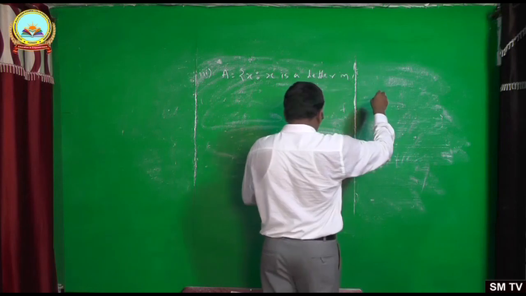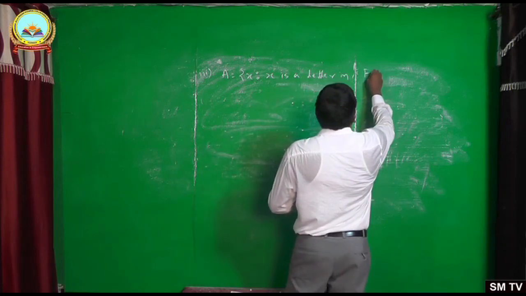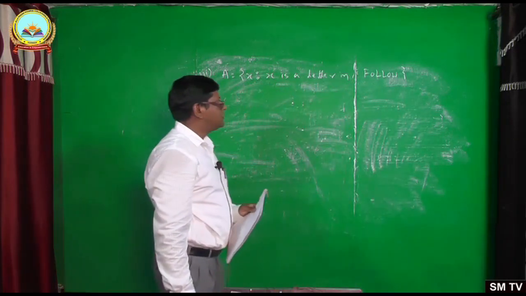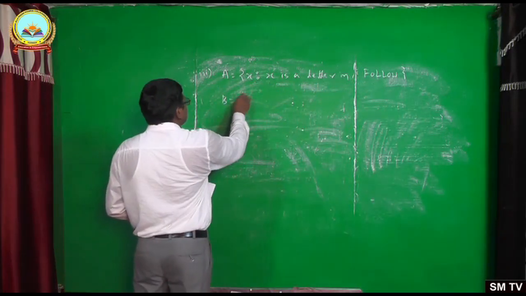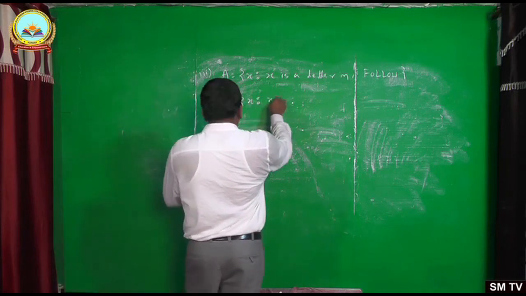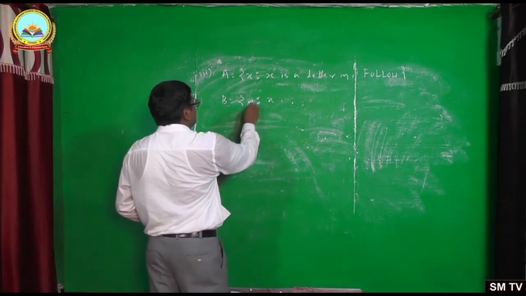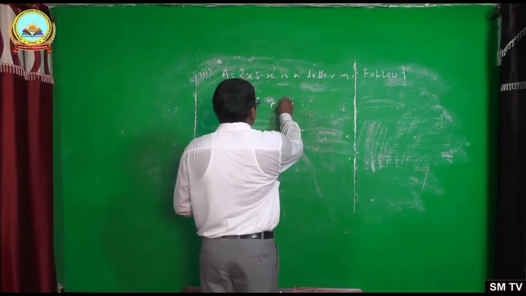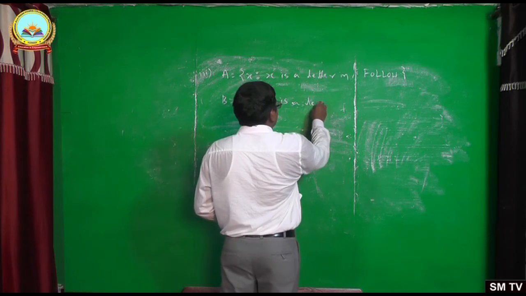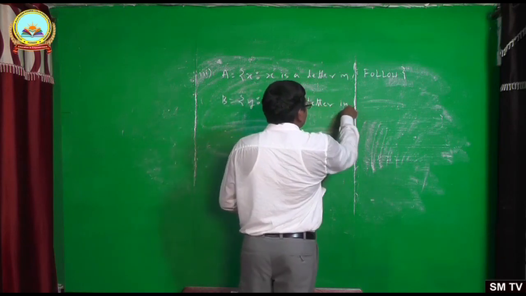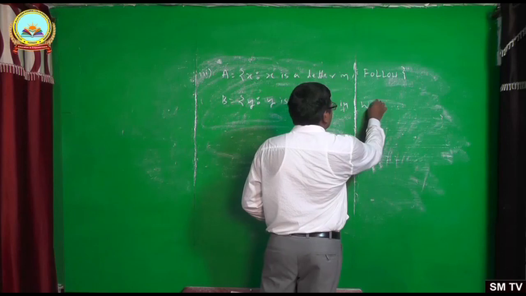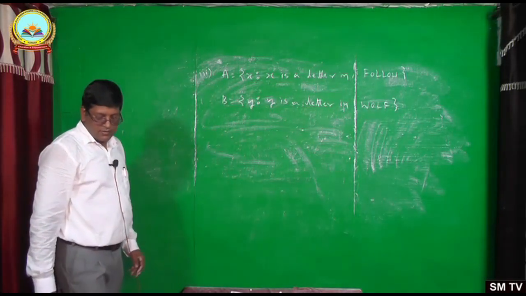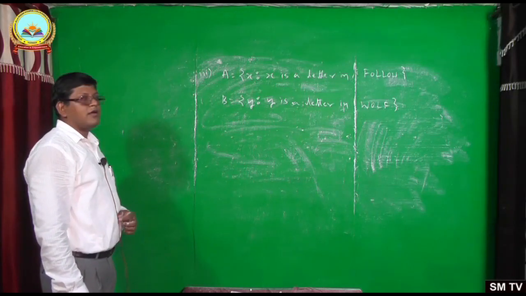B is the set of all y such that y is a letter in the word wolf, W-O-L-F. Now we have to check whether A and B are equal or not.